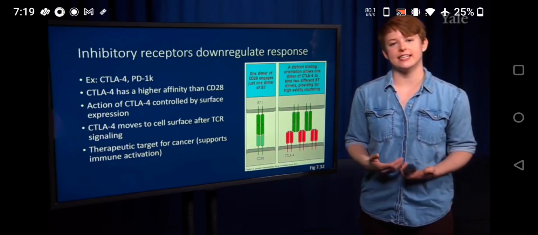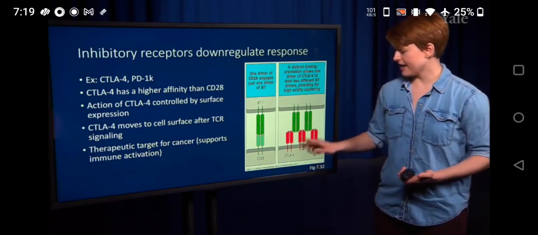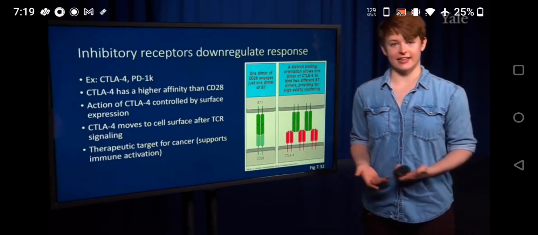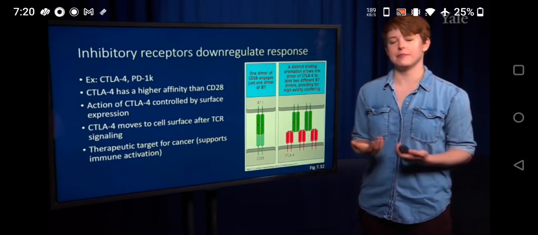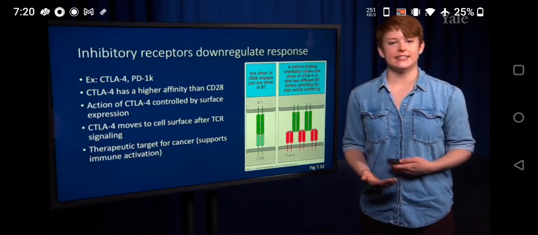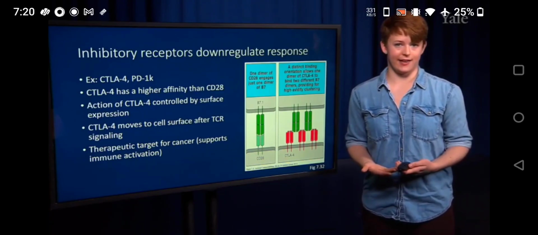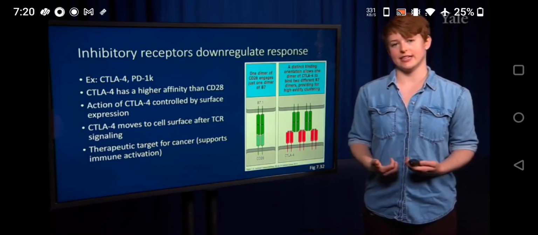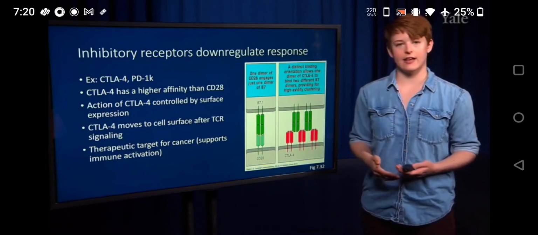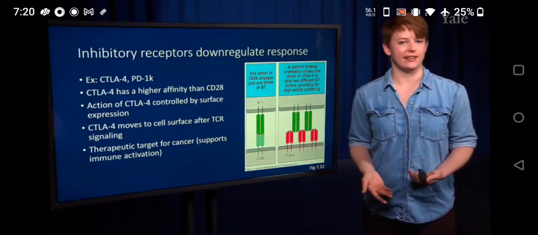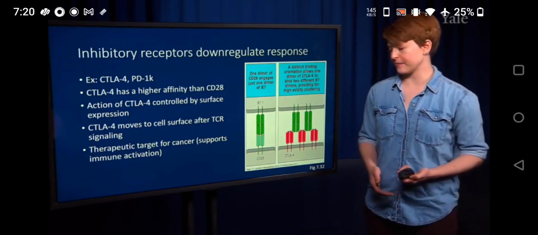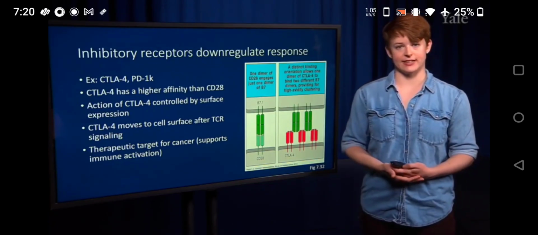So now that the T cell is activated, you actually have more expression of CTLA4 on the cell surface. This upregulation then starts to compete with CD28 and helps reduce signaling. So this stops the T cell from just having more and more signaling as it binds to its cell surface receptors.